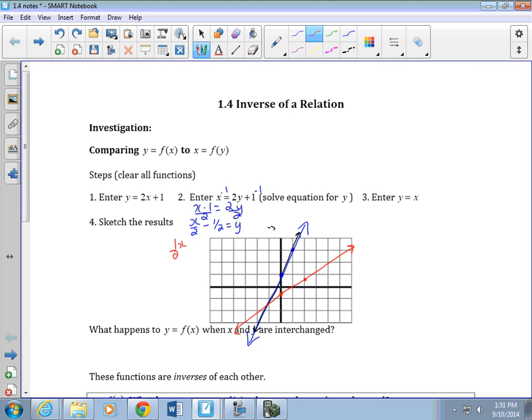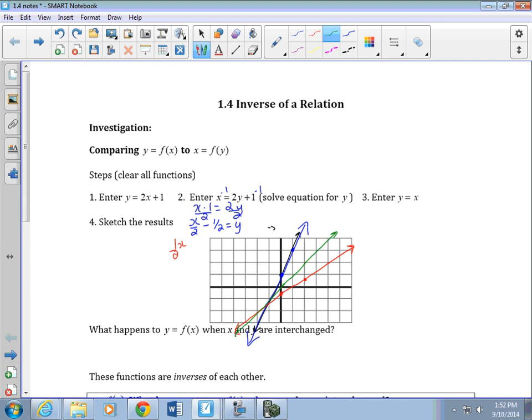When I'm doing the flip, it's like the graph has been flipped over y is equal to x. It's hard to tell because my graph isn't exact on here. I'd have to actually plot my points. But y is equal to x is this graph here, going through (0, 0), (1, 1), and so on.